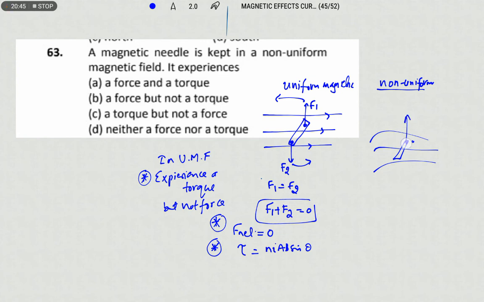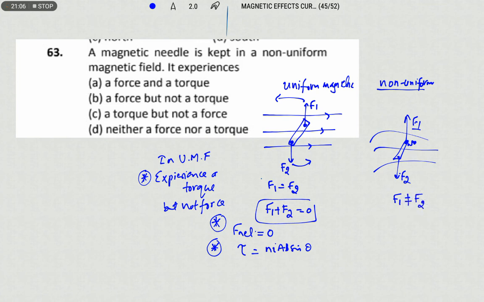So at the north pole a different force is acting, because the field direction and magnitude are not the same at each point. So F2 is also not equal to F1, because the location of the second pole is different. Therefore F1 is not equal to F2.